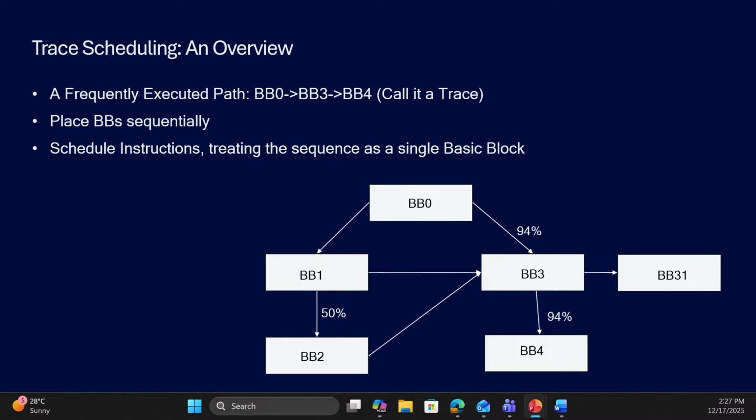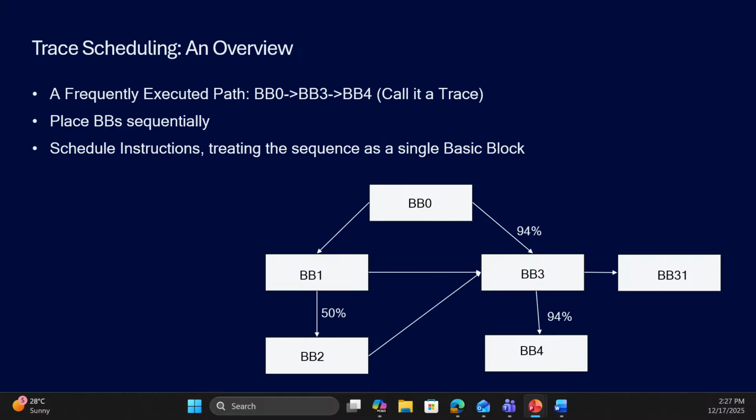Why do we want to do that? Yes, if we place these sequentially, then we are unlikely to take a branch to some other basic block, and thereby we can reduce the likelihood of branch penalty. So that's why we want to place the basic blocks in that sequence.